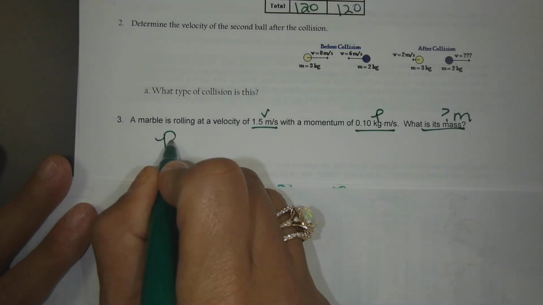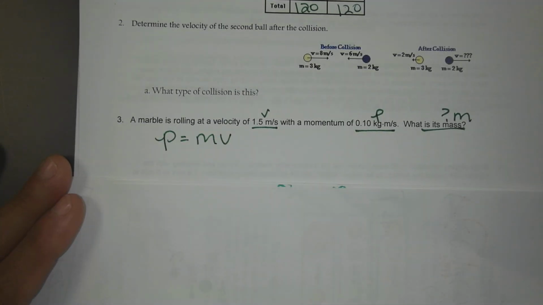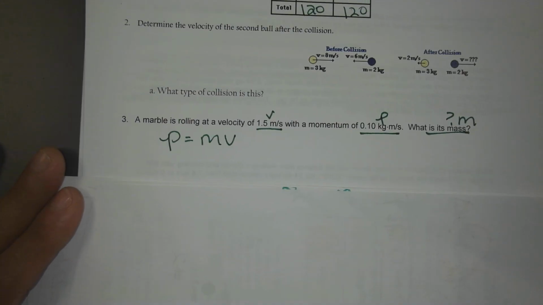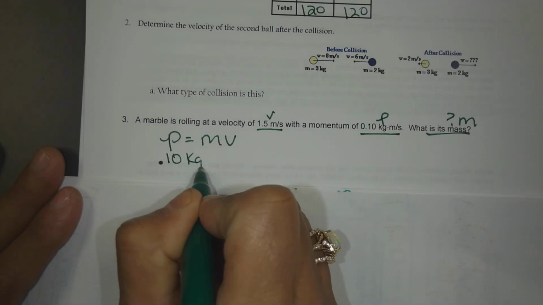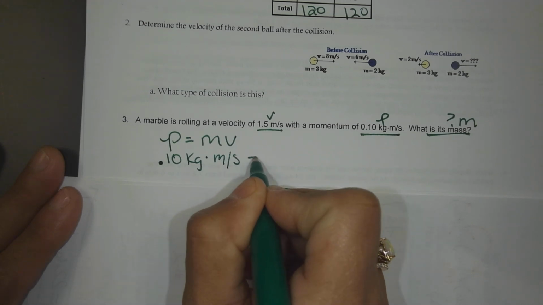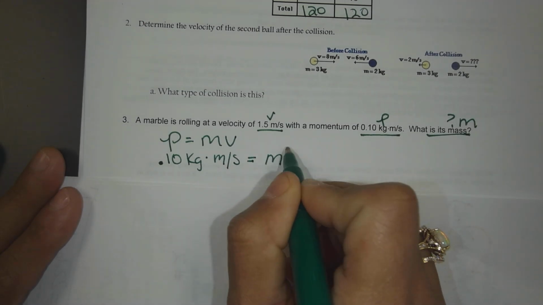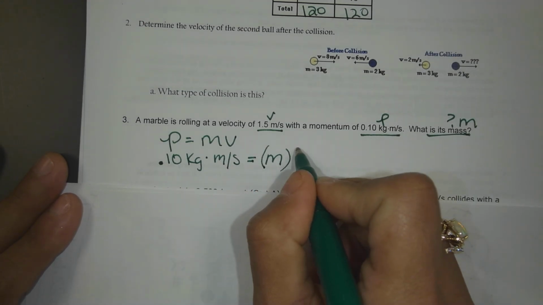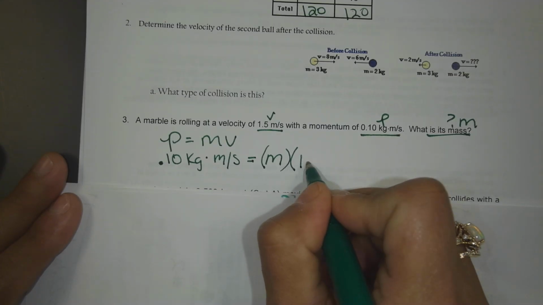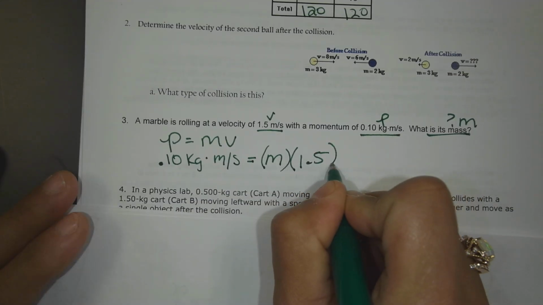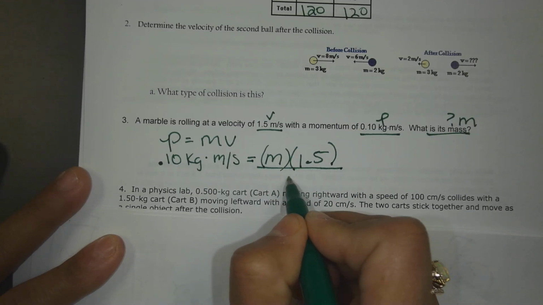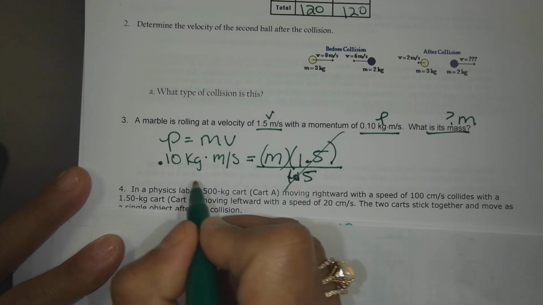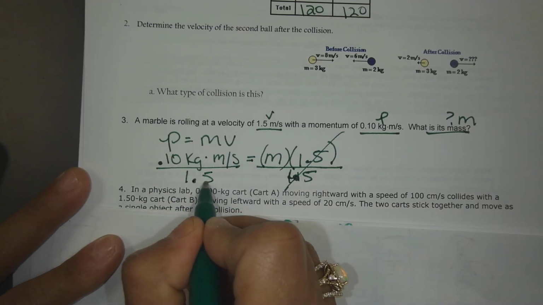Well, p equals m times v, or since they gave me the p-value of 0.10 kilograms times meters per second equals, I don't know the mass, but I can solve for that, and the velocity is 1.5. Now let's go ahead and isolate that m by itself by dividing by 1.5, cancel, divide by 1.5.